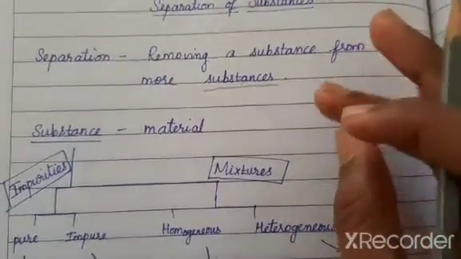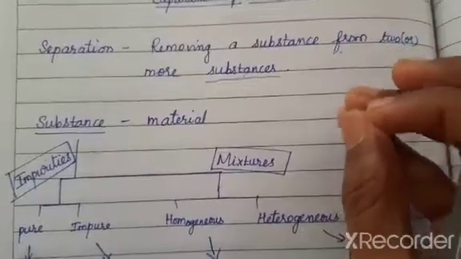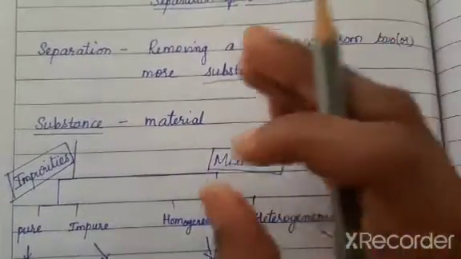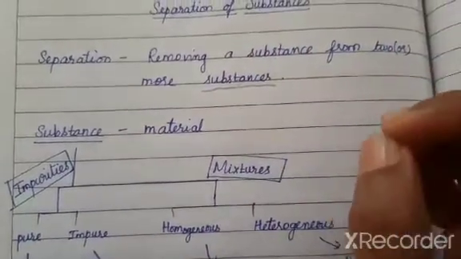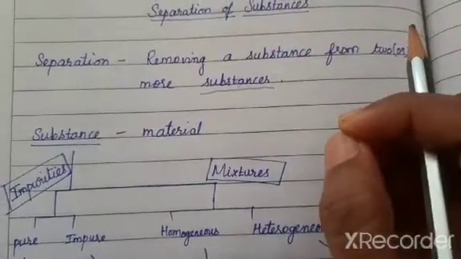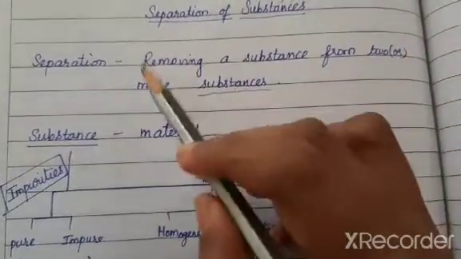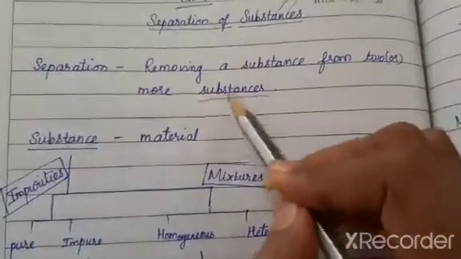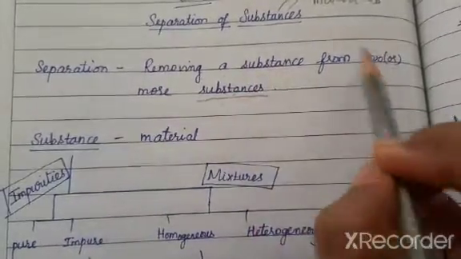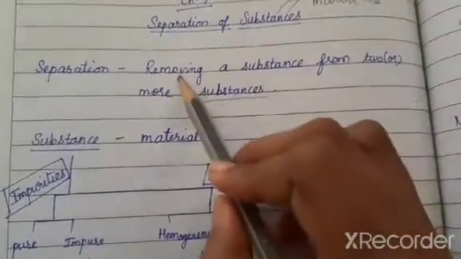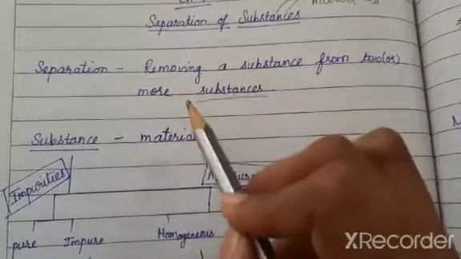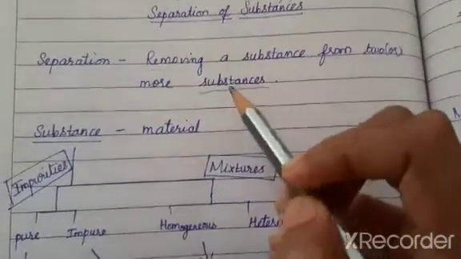Your ink pen and lead pen are all blue color writing materials. So I can separate them from that group. It is possible for me to do. So the first criteria for me to separate a material is that they should exist as a group, either two or more substances. Only then it is possible for me to remove one material from such a group.